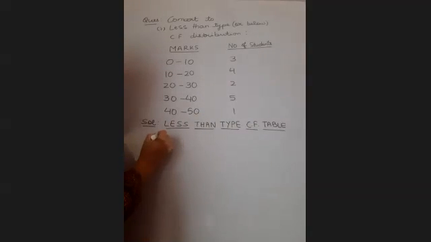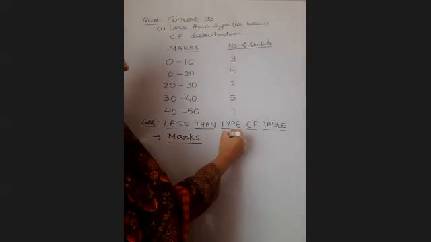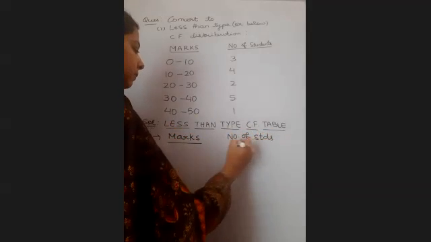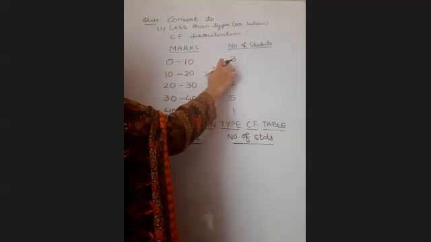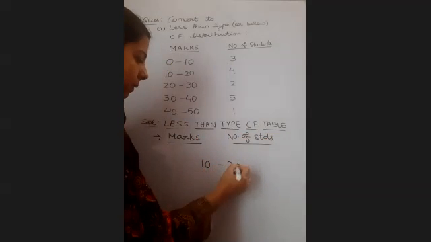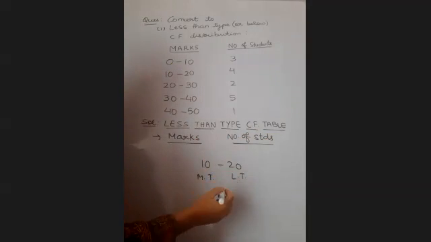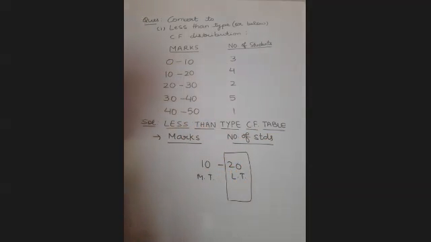So first of all, we shall write the heading as it is, which is marks, and here it is number of students. Now we are given there are 3 students who have got marks less than 0. And one more thing, when I'm saying more than 10 and less than 20, for less than type, which limits are considered, upper or lower?